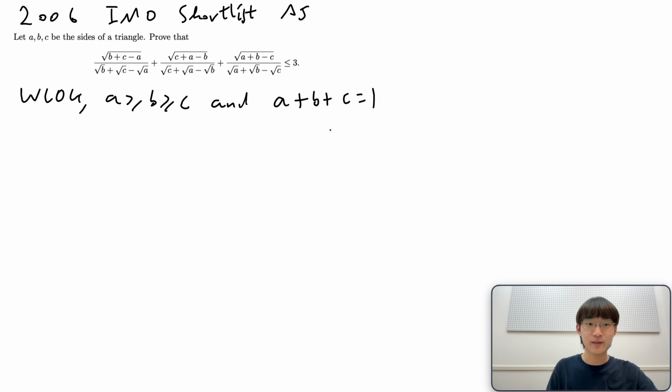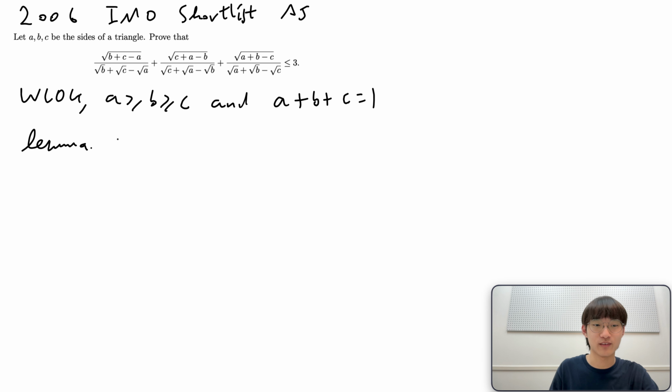Now after this, what I wanted to do in my initial attempt was to prove that these individual terms are less than or equal to 1. That way when we add, we get the entire left hand side less than or equal to 3. But that did work well for the first term, so let's do that. Let's substitute first. So we want to prove this lemma.